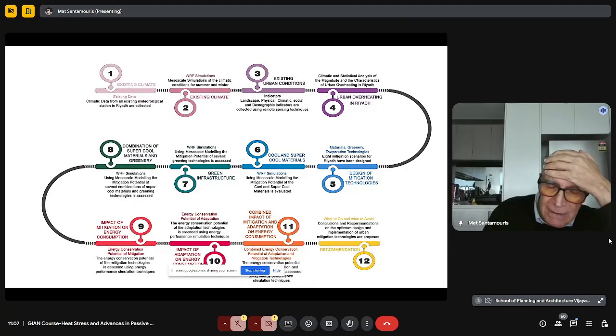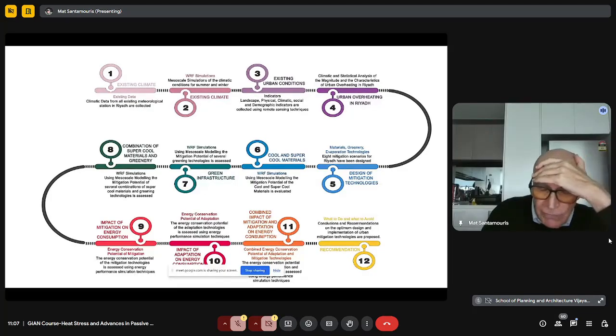And we really tried to fit the mitigation technologies with the specific problems, not a blind implementation of unknown mitigation technologies. For each of the problems identified, we have designed a new mitigation strategy that really we believe from the very beginning could help to decrease the magnitude of the overheating.